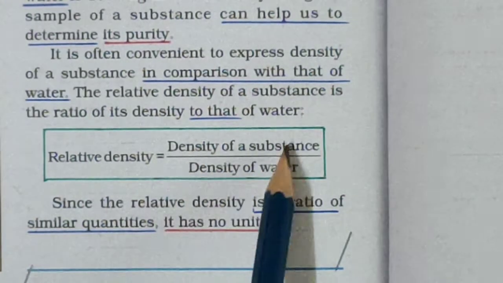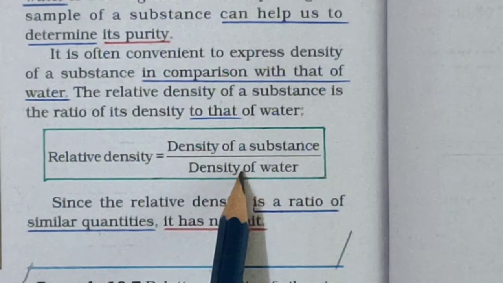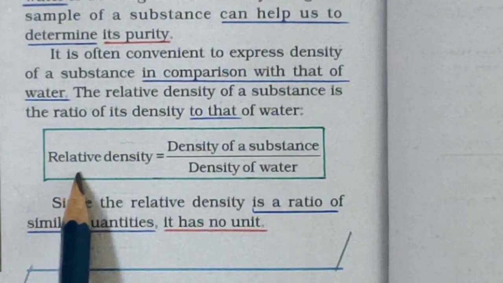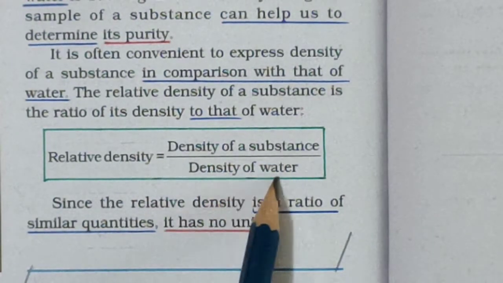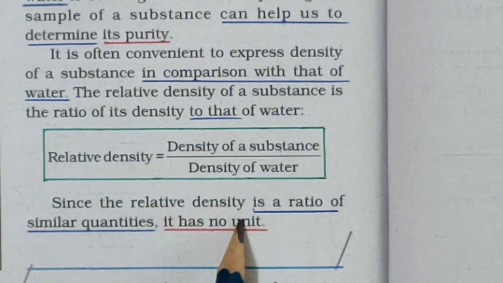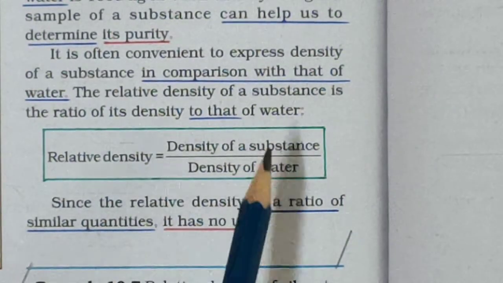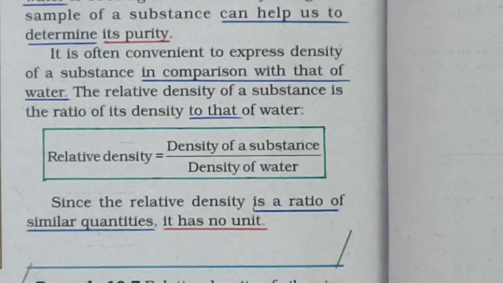So we are comparing the density of a substance with the density of water. That is a relative comparison. Since the relative density is a ratio of similar quantities, it has no unit. Relative density does not have a unit.